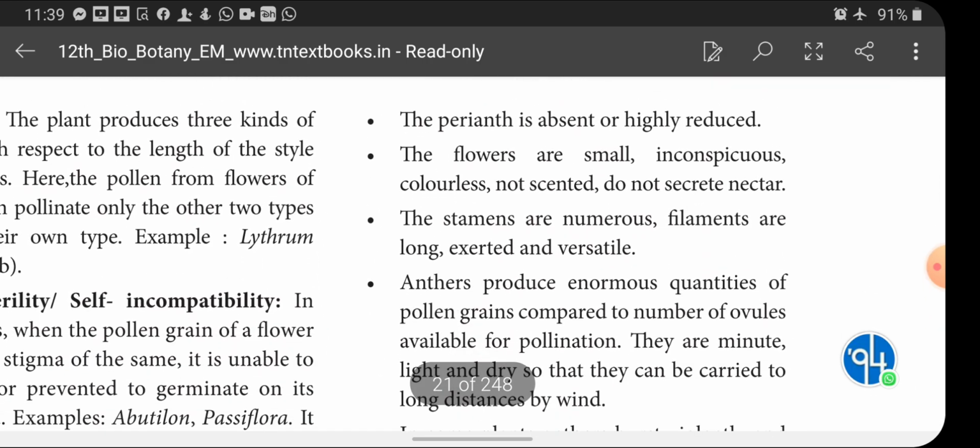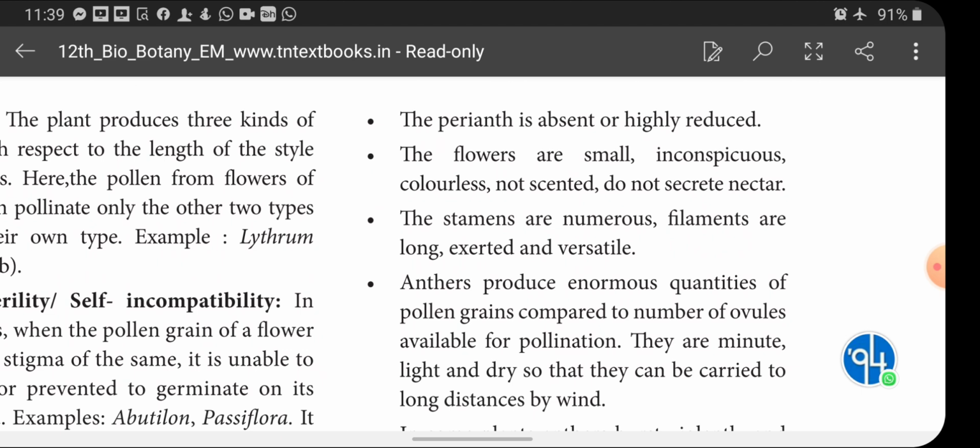The perianth is absent or highly reduced. So there won't be any perianth, or a reduced perianth will be there in anemophilous plants. Flowers are small, inconspicuous, colorless, not scented, and do not secrete nectar, because here the pollination takes place by wind only, not by insects.